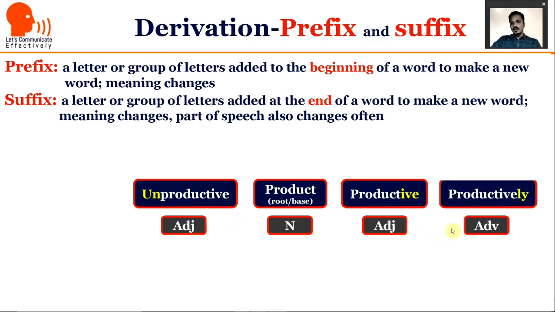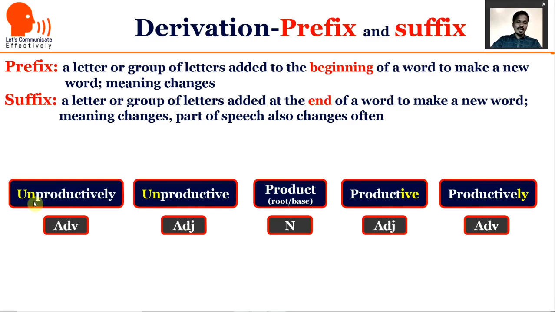Now I add ly at the end of productive, so that becomes an adverb, productively, right? And again I add un before productively, that becomes unproductively. So product, productive, productively, unproductive, unproductively.